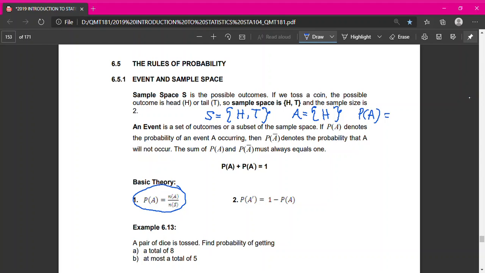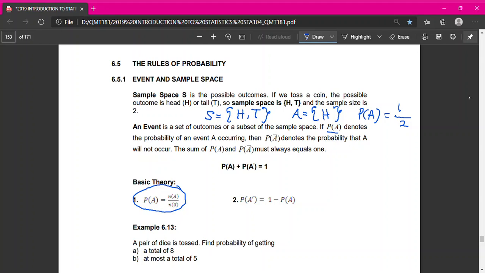Contohnya tadi, number of outcome in event A is H sahaja, iaitu 1. And number of outcome in sample space, which is H dan T, iaitu 2. So the probability to get event A occur adalah 1/2. Ini cara nak dapatkan probability. Sebab tu tulis kat sini P(A) denotes the probability of an event A occurring. Possibility ataupun chances that event A will occur adalah 1 daripada 2.